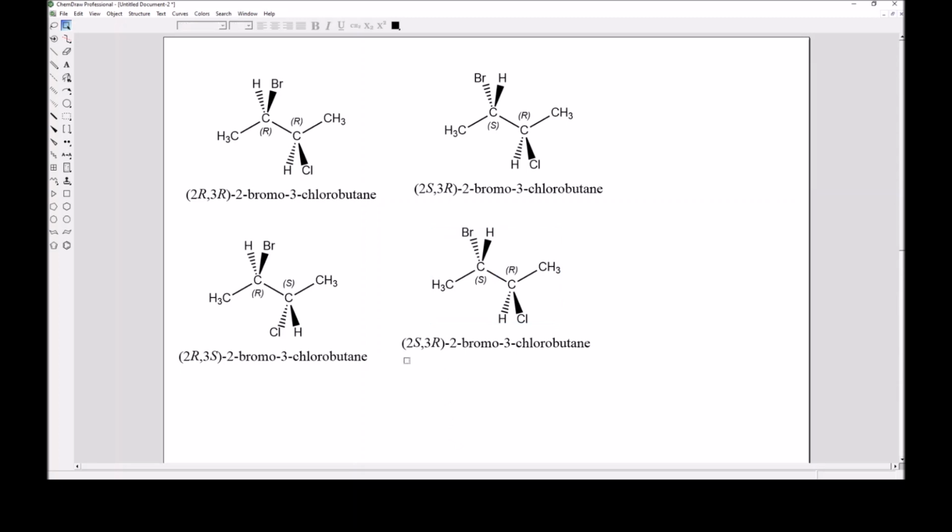And I'm going to check to make sure that it's 2-bromo-3-chlorobutane, yes, all of them say that. 2R,3R, that's different than 2S,3R, which is different than 2R,3S, and 2S,3R. No, I messed this one up. That's what I did wrong. This one should be a chlorine, and that should be a hydrogen. There we go. So RR, SR, RS, SS. They're good. We got them all. We got all 4 of the stereoisomers.